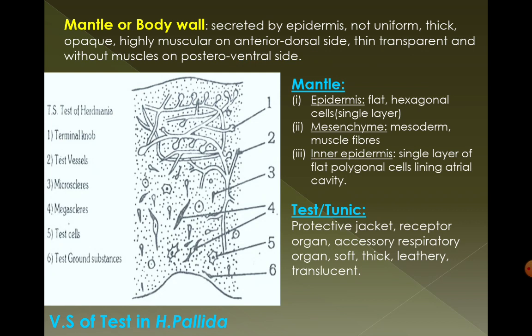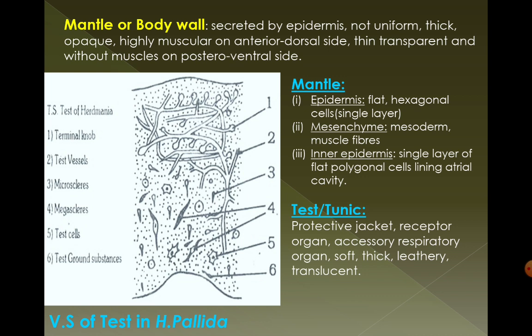It acts as an accessory respiratory organ. We all know that accessory respiratory organs means additional respiratory organs or additional structures that perform the job of respiration. And it is soft, thick, leathery and translucent.